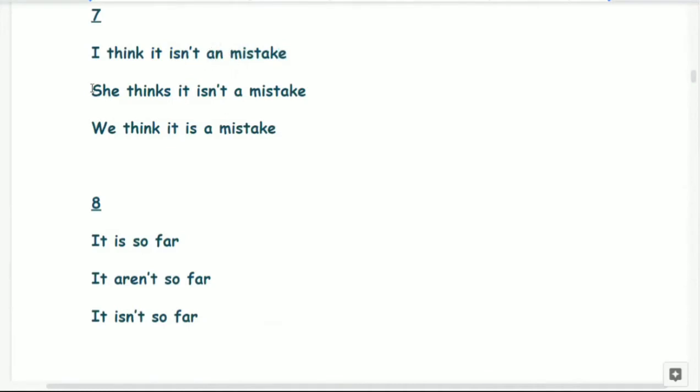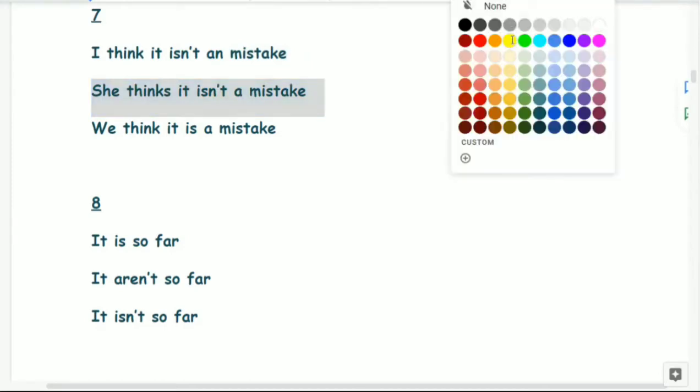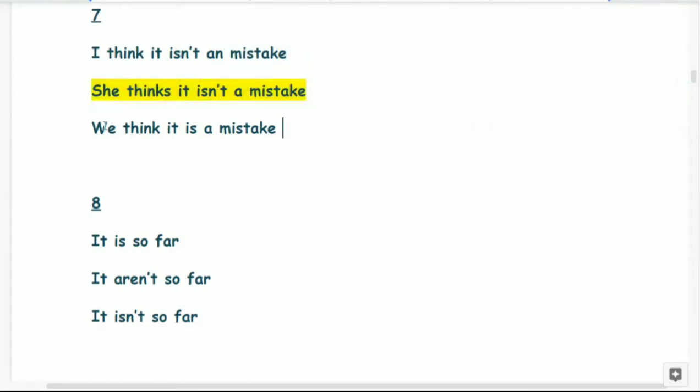The second one, she thinks it isn't a mistake, is absolutely correct. And the last one, we think it's a mistake, is right.